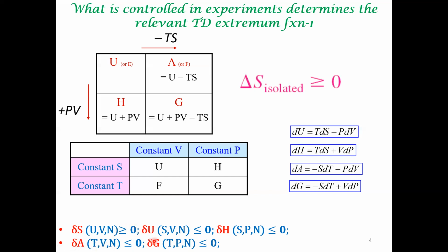G is the natural thermodynamic function for describing an experimental system in which these three are controlled. Helmholtz free energy is a natural thermodynamic variable, natural in the sense that it takes an extremal value if these three variables are controlled. So in these two systems, entropy is controlled.